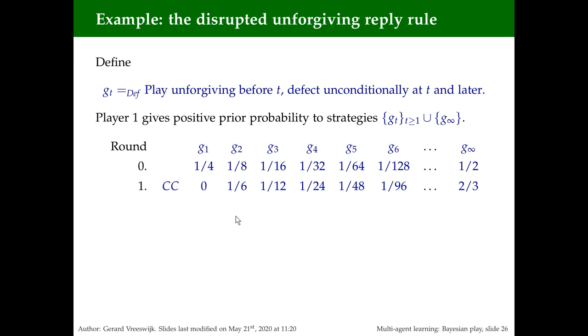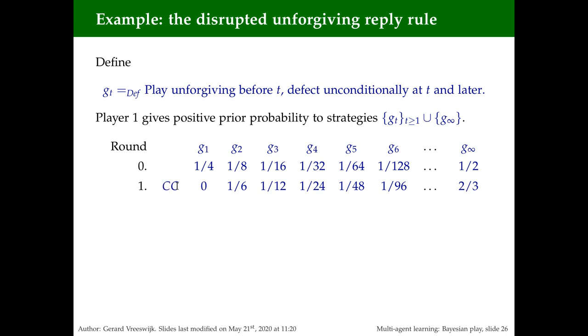Now, if the opponent cooperates in the first round, then we can rule out that it avails himself of the reply rule G sub 1, because G sub 1 already defects in the first round, irrespective of whether the first player cooperated in the first round. So we can rule out that reply rule.